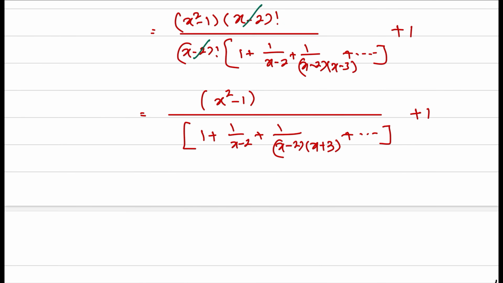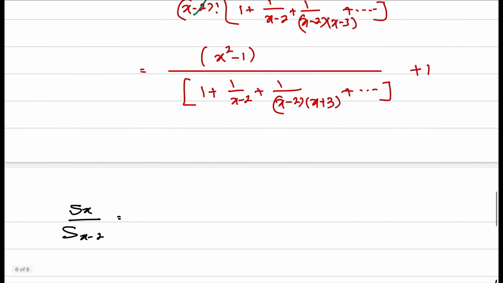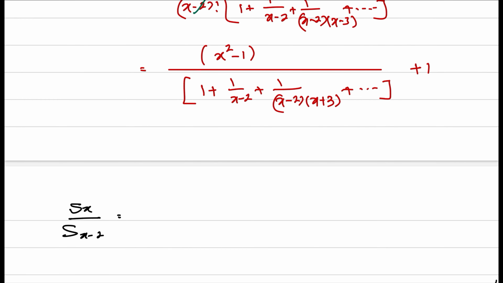Now, the answer for the question can be further simplified. Sx by Sx minus 2 is equal to 1 plus 1 by x minus 2, 1 by x minus 2 into x minus 3, all this can we approximate to some value?